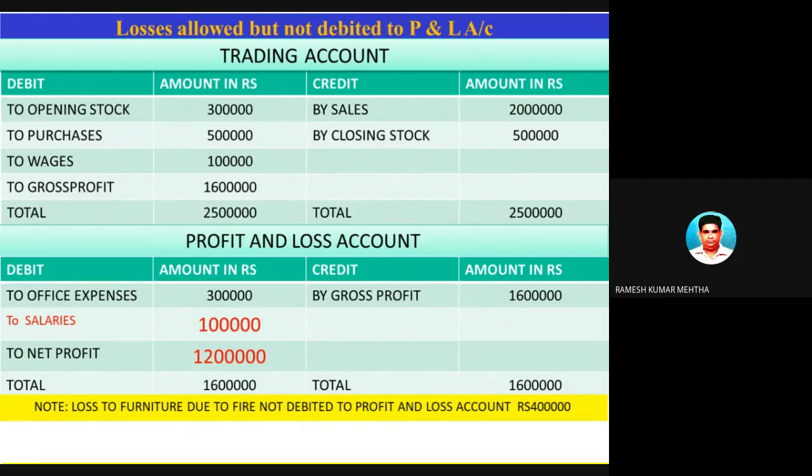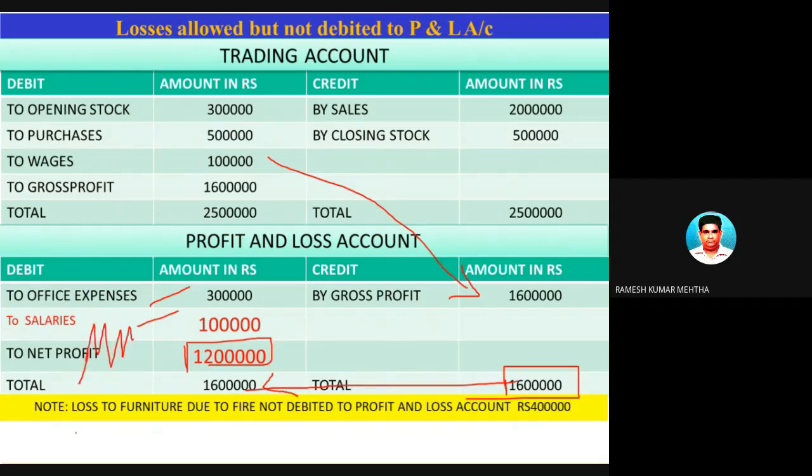Okay, the same profit and loss account. Gross profit is 16 lakhs. Office expenses are allowed, salaries are allowed, and because of this, the net profit is 12 lakh. Now the accountant or the concerned person doesn't know that there are some losses which should be shown on the debit side of profit and loss account.